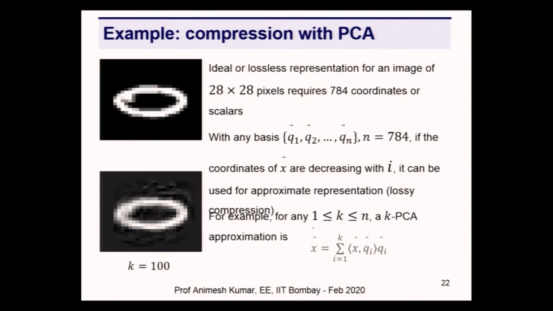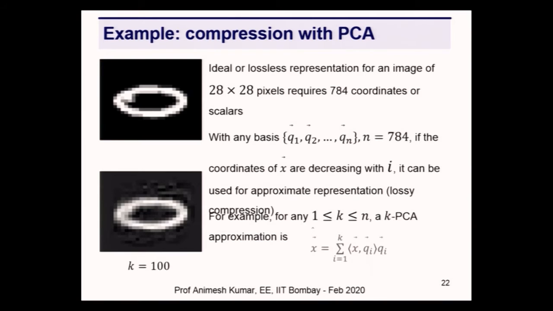So if I look at the PCA basis that I had, or in general I can pick any basis of 784 dimension, and then I can start representing this image using that. But if I do it using this PCA basis, what I can do is truncate the formula somewhere.